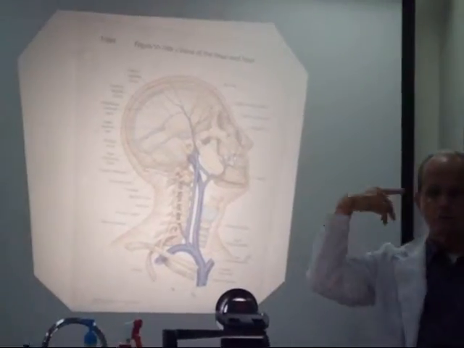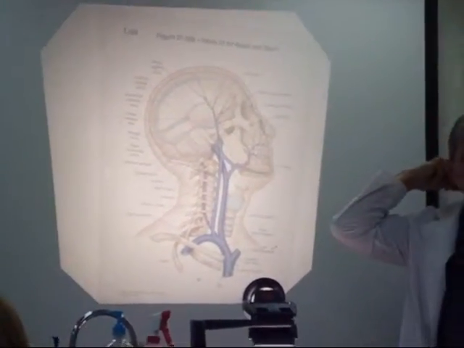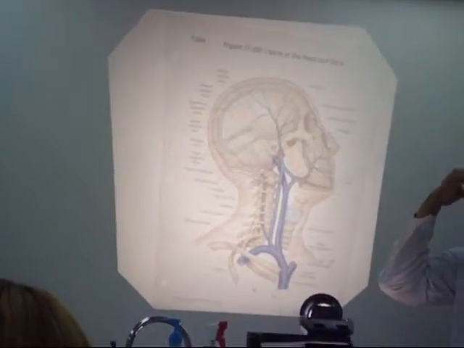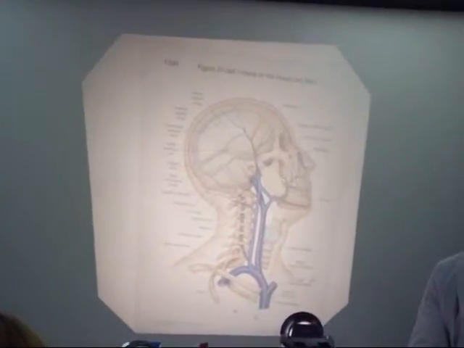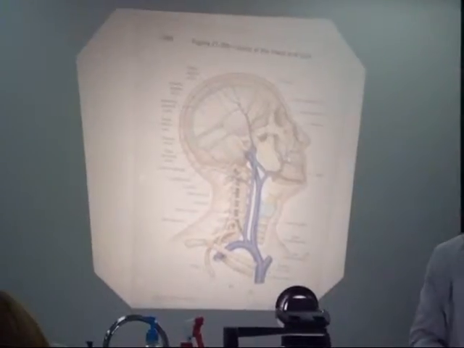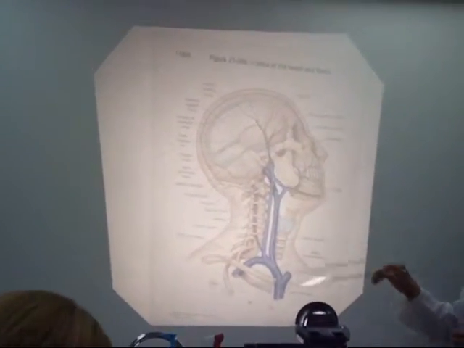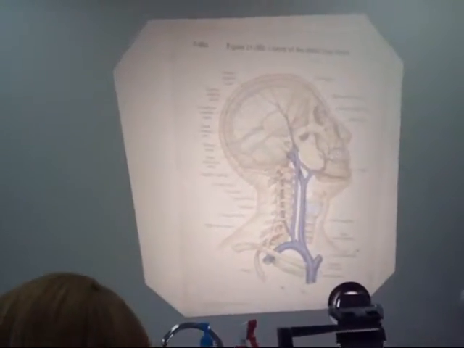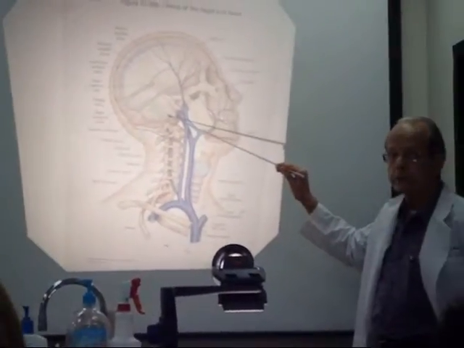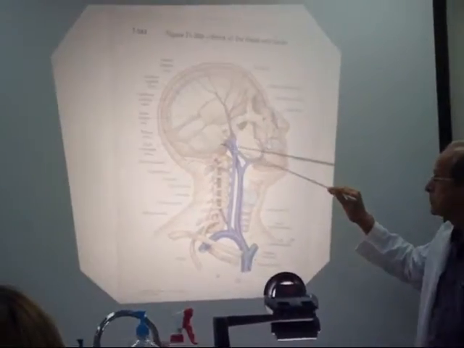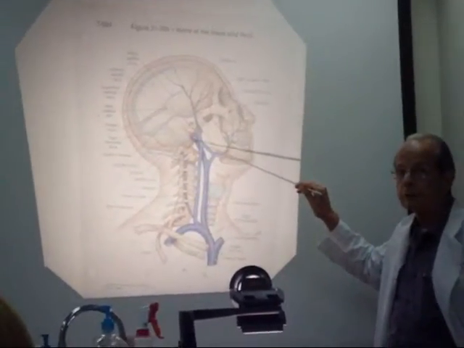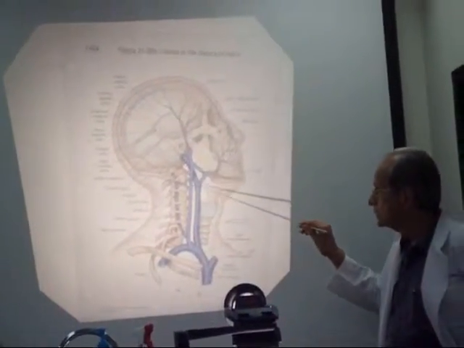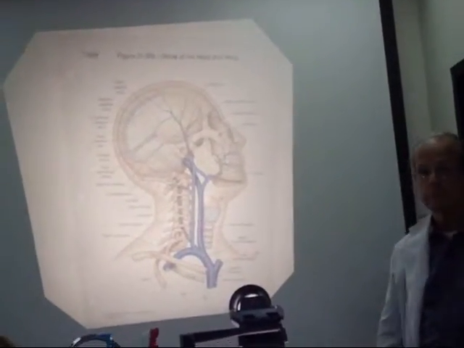Transverse, parallel with the floor. So from that confluence, we go right to the right transverse sinus, or we could go left to the left transverse sinus. The transverse sinus takes a curve, kind of a lazy S curve, as the sigmoid sinus, and the sigmoid sinus empties into the internal jugular vein, and that blood travels on back toward the heart.